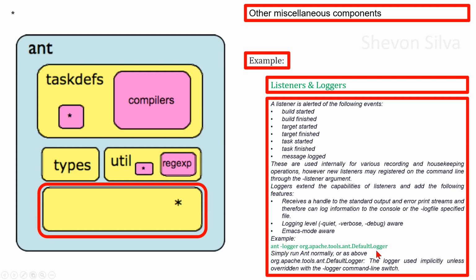Here org.apache.tools.ant.DefaultLogger, the logger used implicitly unless overridden with the -logger command line switch. Here you can see, and you can run Ant normally, or like here.